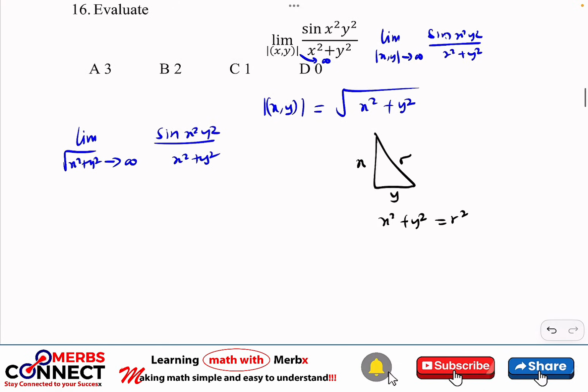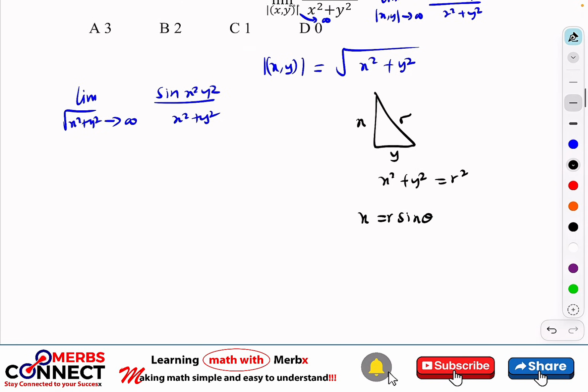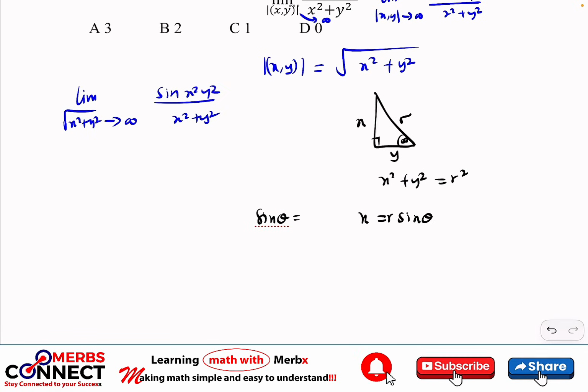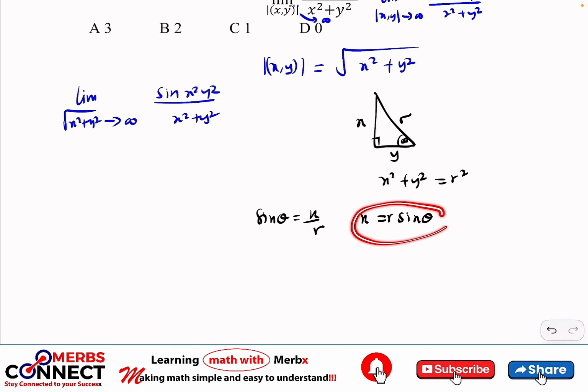Now let's see. I can also use trig to find out that x is equal to r sine theta. How did I see this? Remember that sine theta, let me put the angle here, is opposite over hypotenuse. So this is going to be x over r. Or x should be going with a cos rather.